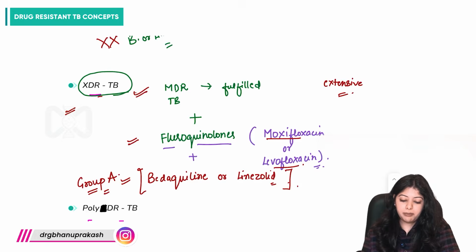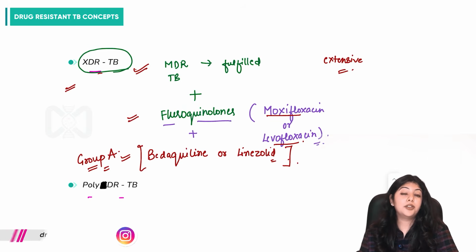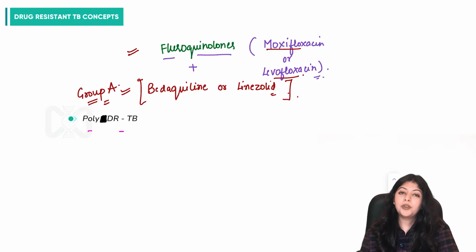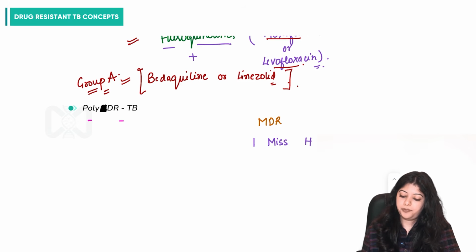In order to remember the drugs, it gets very confusing to remember the drugs included in XDR or MDR. So let's first see a simple mnemonic for MDR. Let's remember a mnemonic: I miss her. I miss her.